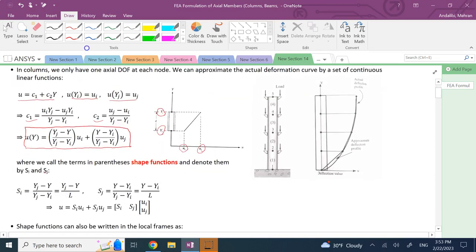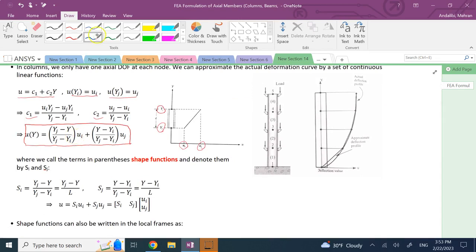Now here we go ahead and call each one of these terms in parentheses, this one and this one, we give them a name and we call them S sub I and S sub J, and we call them shape functions.